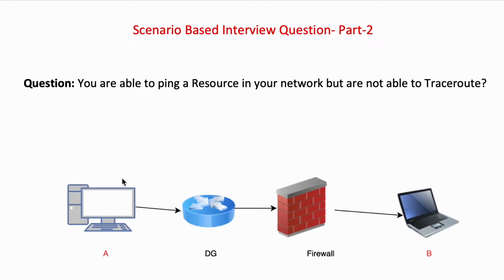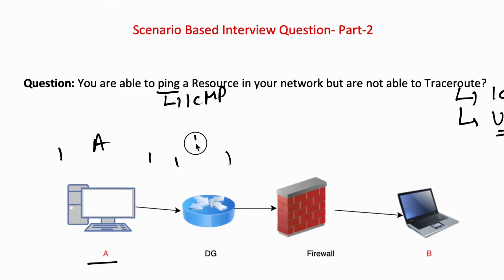Ping works on ICMP, and traceroute works on either ICMP or UDP. So the first thing we'll do is see if the packet is going out of the network or not. We'll go device by device: this is A, this is B, this is C, and this is D.